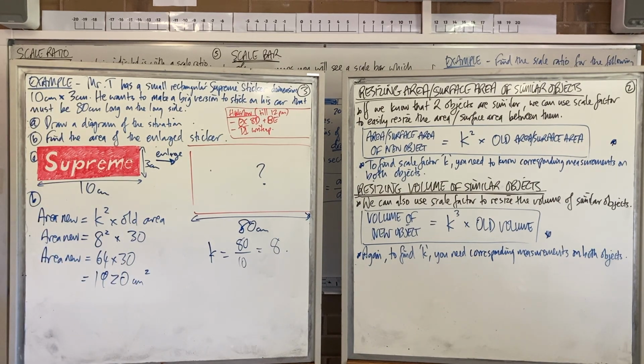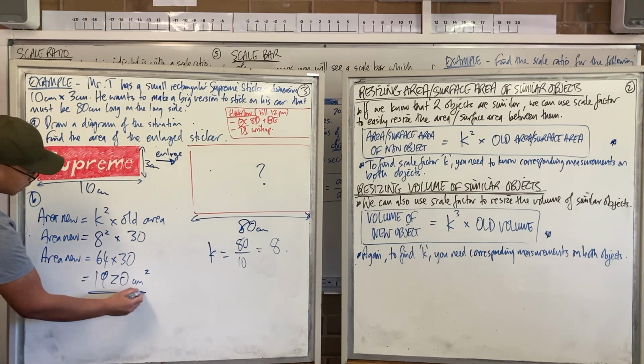Okay? So what it used to be was 30 square centimeters. 30 times by 8 is much smaller than this. But why is it so much bigger? Because I'm timesing the length by 8 and the width by 8. So that's what the squared deals with. Okay? Can you get that example down, please?